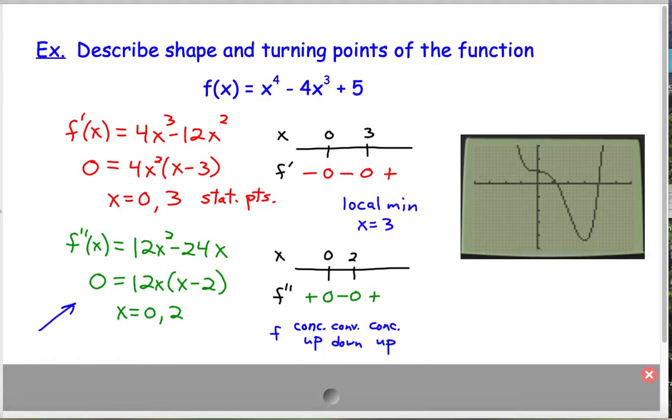So if we want to write this as inequalities, we can say concave up when x is less than or equal to 0, and when x is greater than or equal to 2. And it's concave down when x is between 0 and 2.